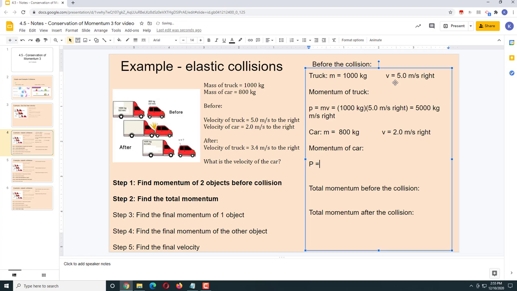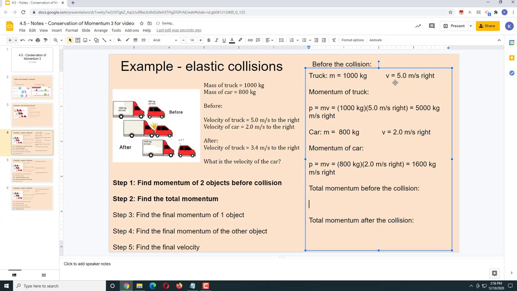So the momentum of the car, we use little p because that's momentum. Big P is power. So the mass is going to be 800 kilograms times 2.0 meters per second to the right. That's 1,600 kilograms meters per second to the right.